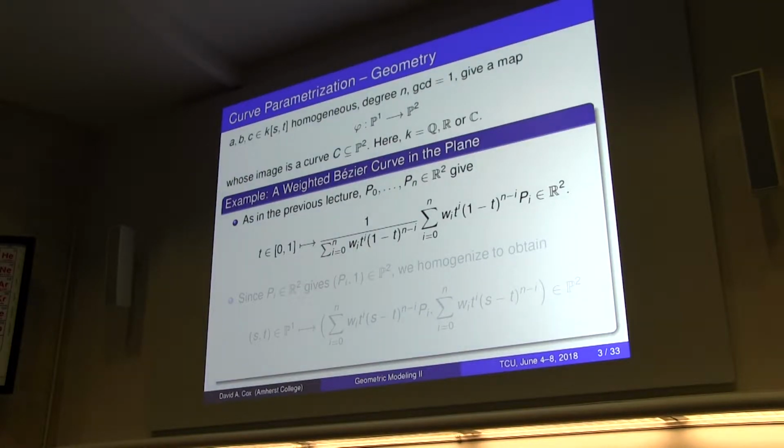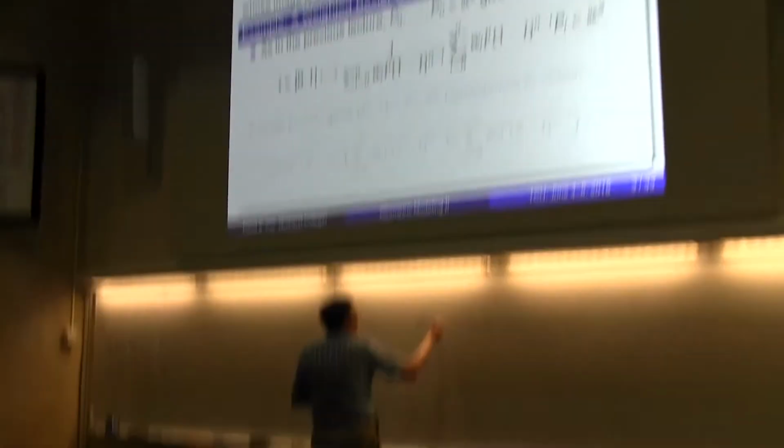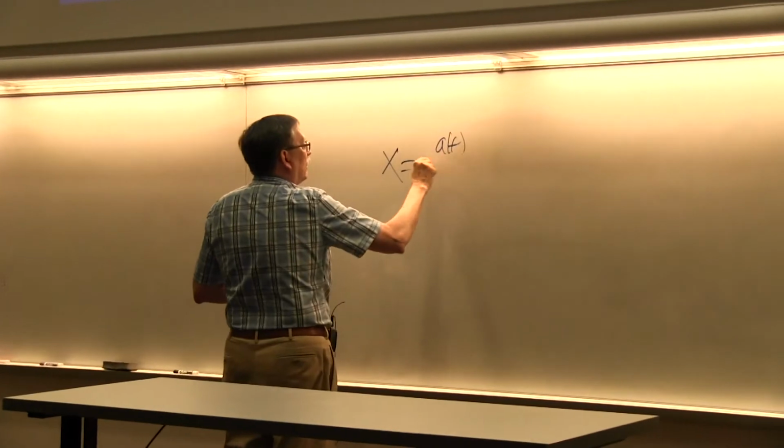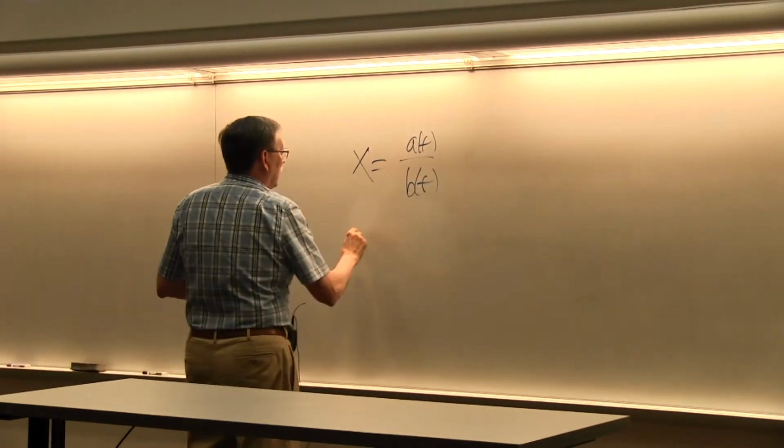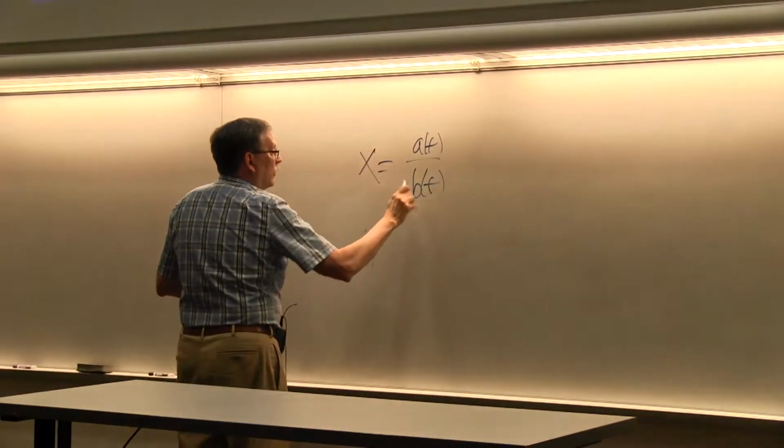So I'm going to start off with the geometry, and so here I'm going to take three polynomials, but normally you might think of something like x equals a(t) over c(t), y equals b(t) over c(t).